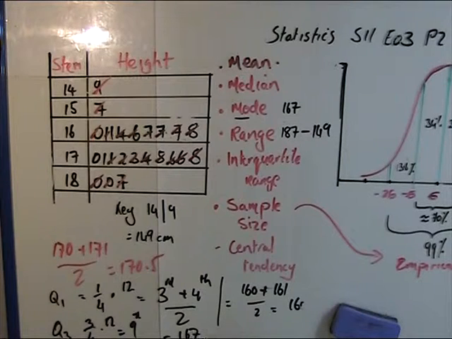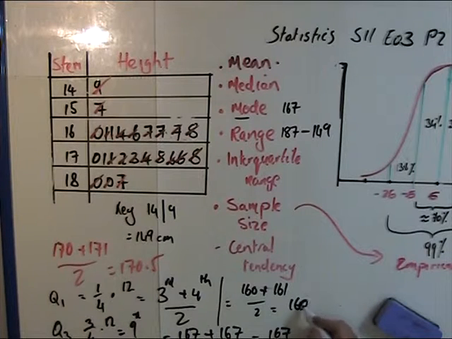There's no need to add 167 to 167 and then divide by 2, because we'll only get 167. Do you understand? So the answer was 167. Then we took them away. So the interquartile range was the difference between 167 and Q1, and we found that that was 7 centimeters.